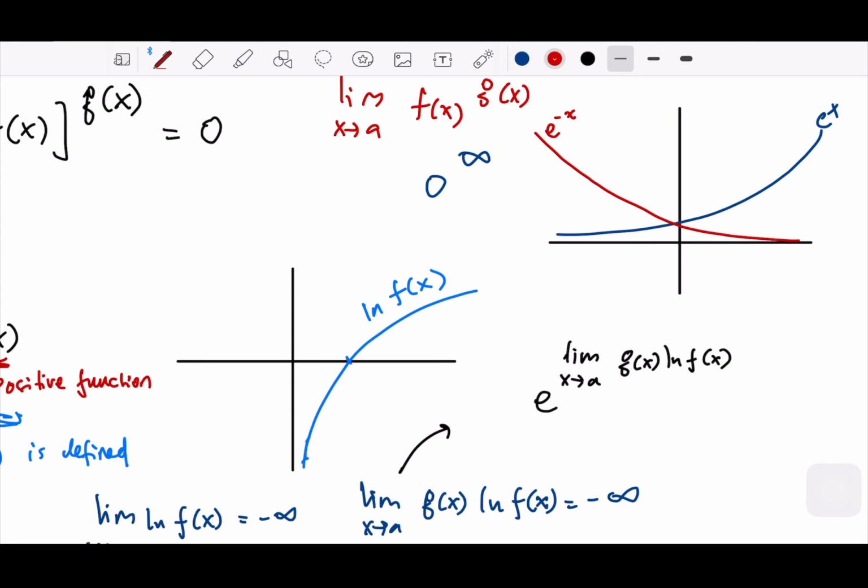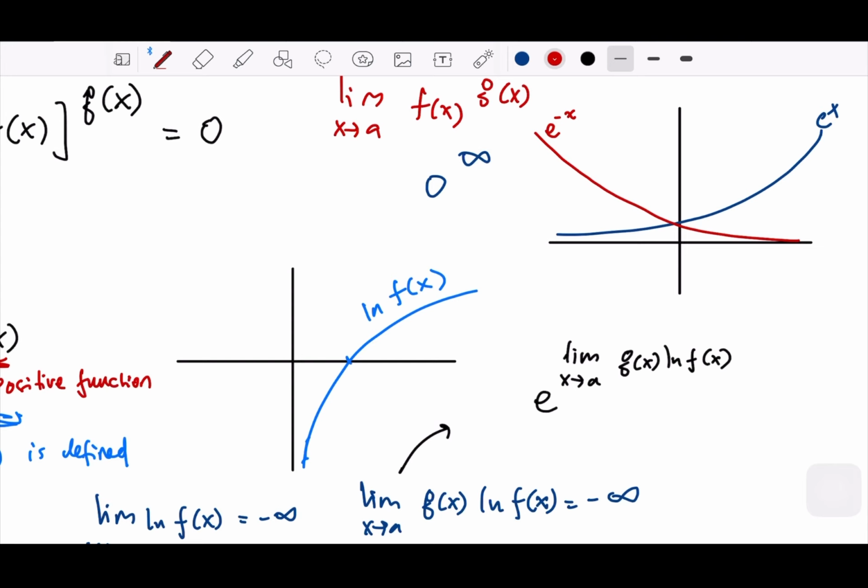So if we imagine this e to the x, and e to the power negative x, you can imagine when x goes to negative infinity or positive infinity, in both cases you will see that both go to 0. One goes to the left, right, both go to 0.